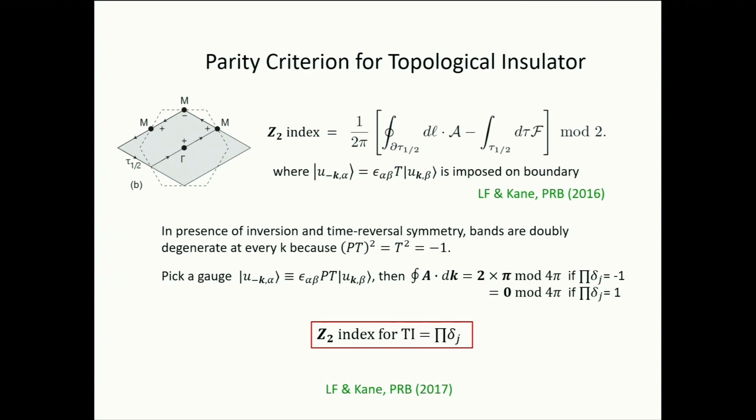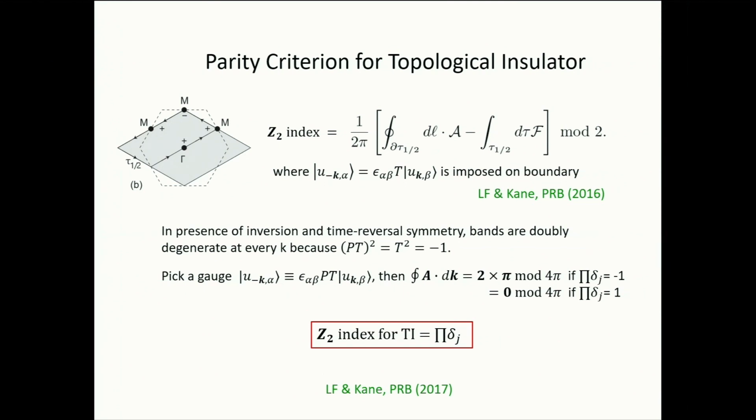Here we pick the same gauge. This should be a plus sign. So we divide the bands into two groups, and one you can think of as spin-up states, and the other is like spin-down states obtained by acting the PT operator on the spin-up states.